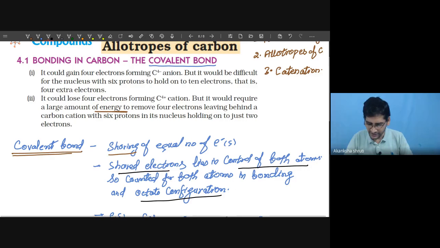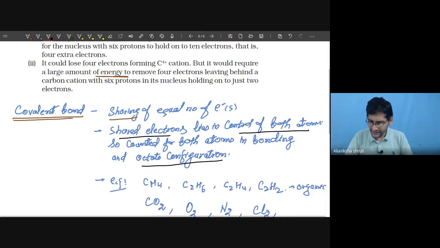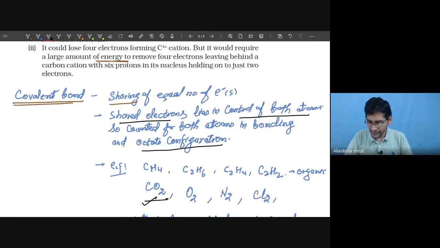The examples that we had taken, like carbon dioxide, methane, ethane, we are going to learn a bit more about these.